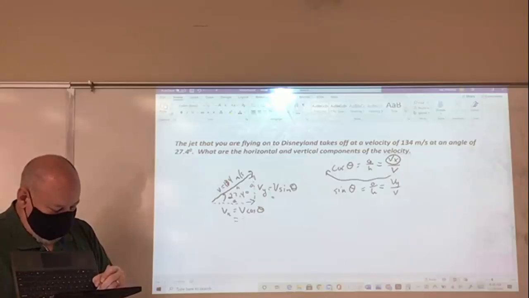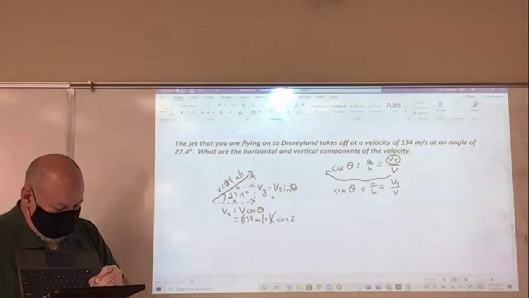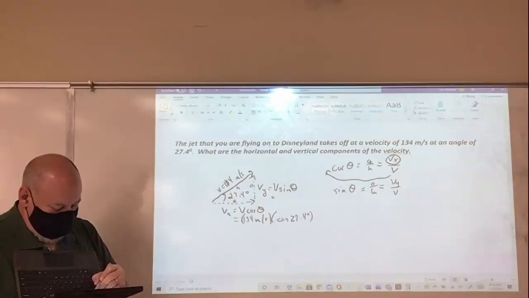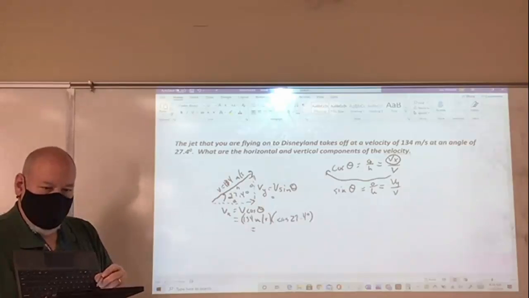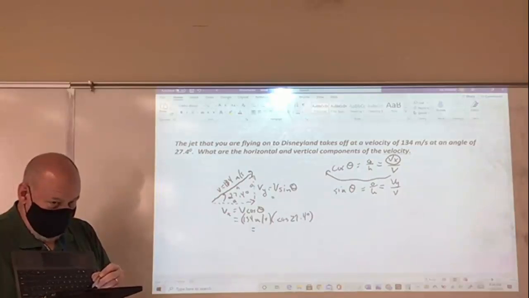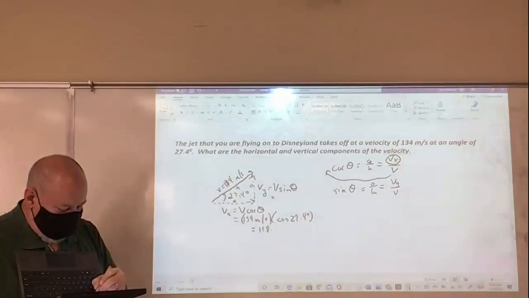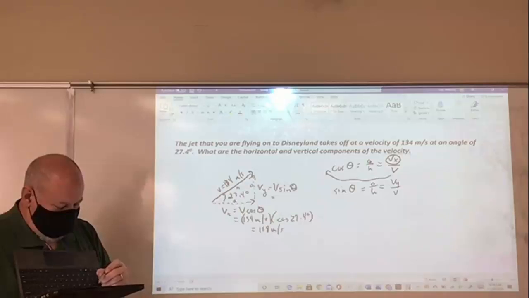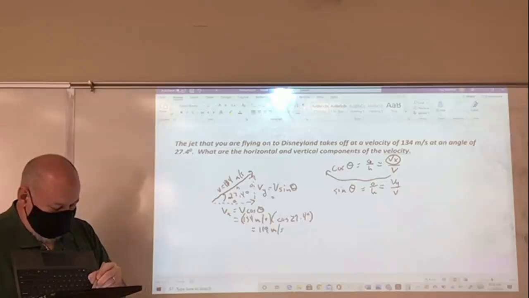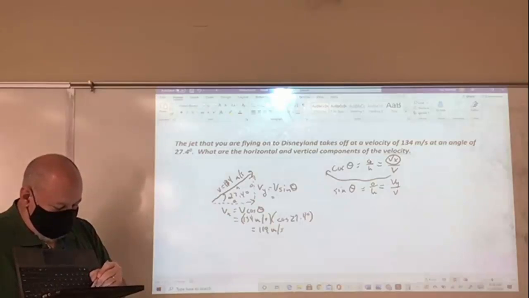And so 134 meters per second times the cosine of 27.4 degrees equals what, Kirsten? For Vx, yeah. 118.96, so 119. 119 meters per second.